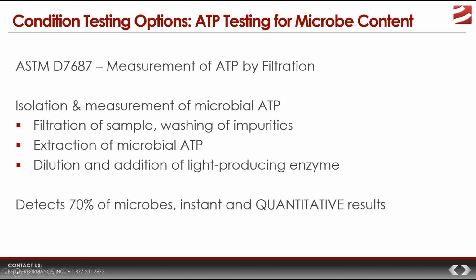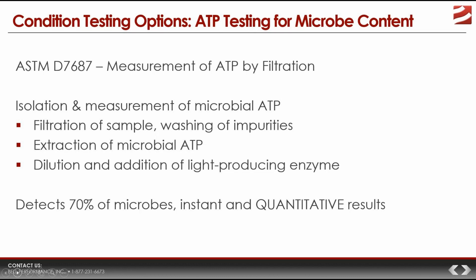Now, the process itself is a multi-step process, and the very basic explanation is on the screen. Basically, what you're going to do is filter out all the microbes from the sample. You're going to wash out the impurities. You're going to dry it, and extract microbial ATP using a special solvent.